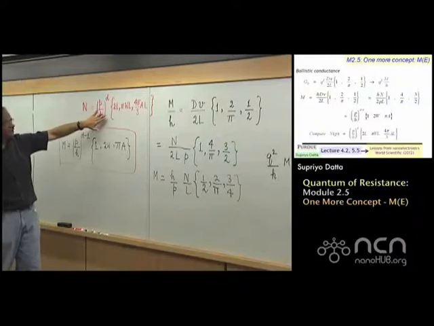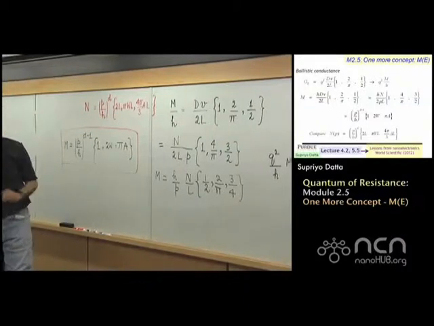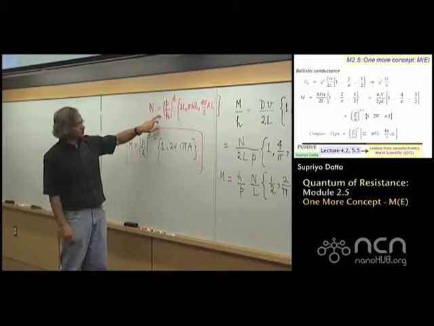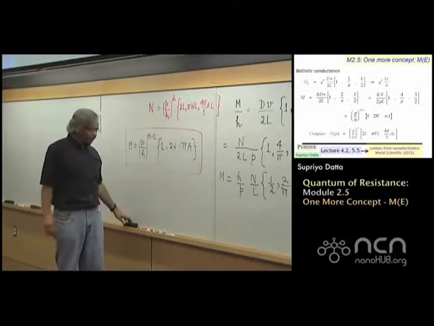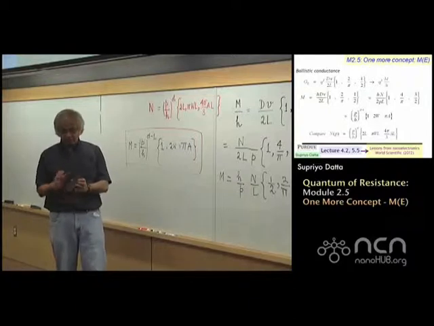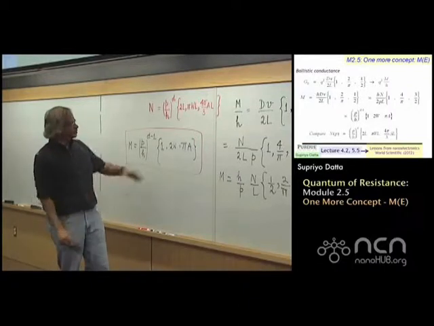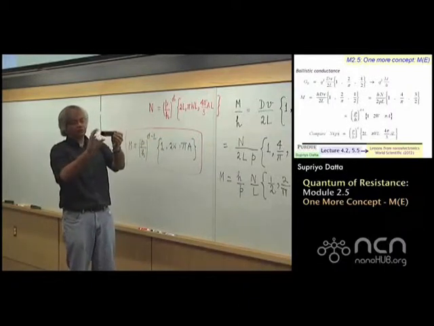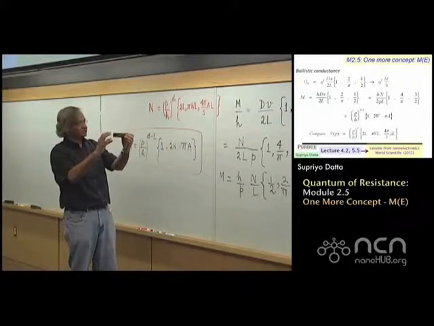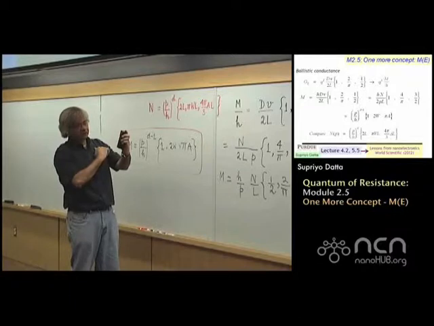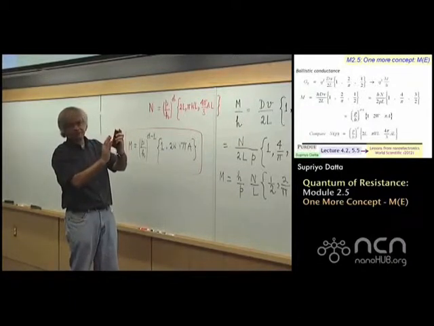The way we obtained this expression, and that was in module 2.2, I believe, was by saying that if you have a solid, 1D, 2D, or 3D, the question is, how many of these wavelengths can you fit? So supposing you had something which is like a two-dimensional conductor, W one way and L the other way, the question is, how many wavelengths could you fit in?